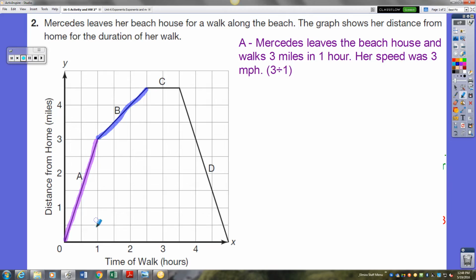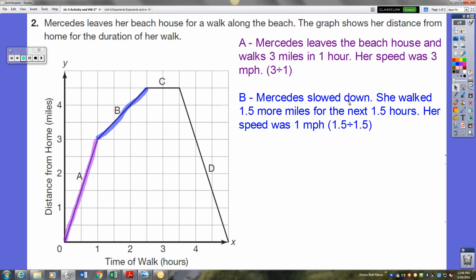And as far as time goes, she went from 1 to 2.5. So that's 1.5 hours is the total time that it took her. So Mercedes slowed down. She walked 1.5 more miles for the next 1.5 hours. Her speed was 1 mile an hour. So we divide the miles divided by the hours to get the 1.